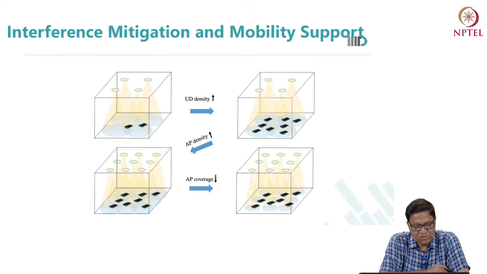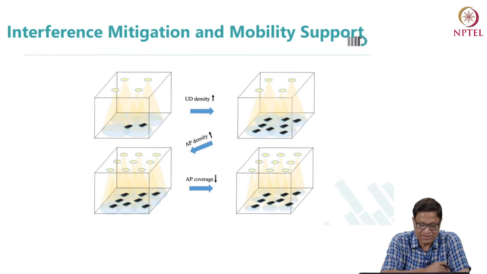The other issue which one has to consider while designing an optical wireless communication system is interference, mitigation, and mobility support. The interference can come from other access points. For example, if you see here in this diagram, there are 4 access points and there are 2 users.